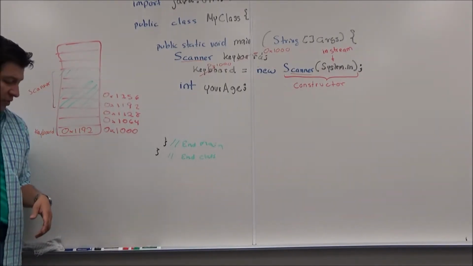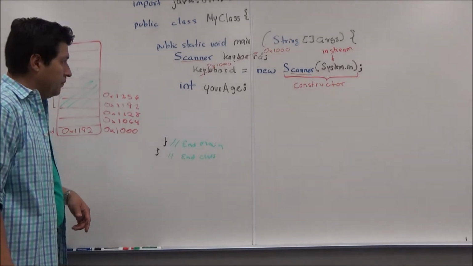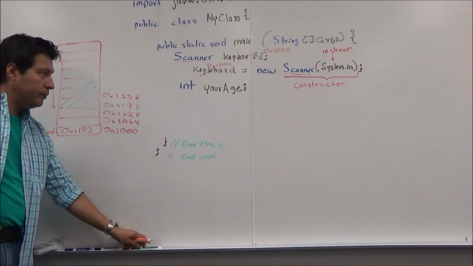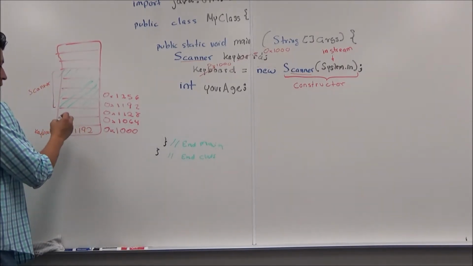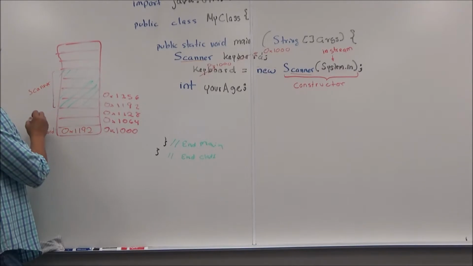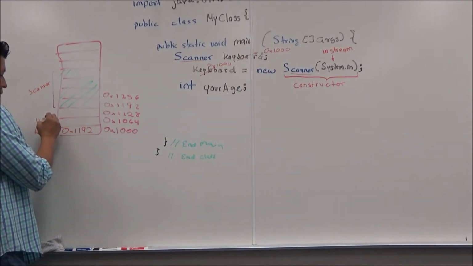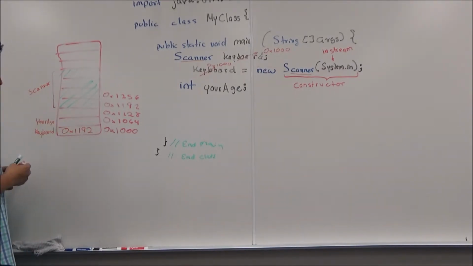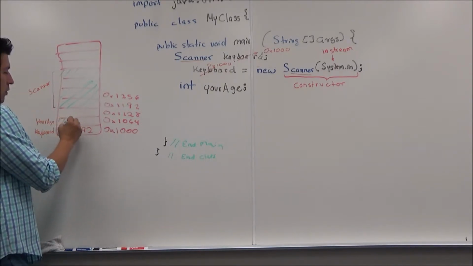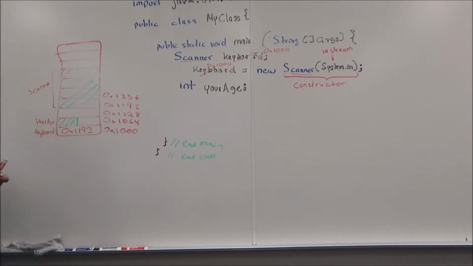But I have a 64-bit operating system. So it's going to allocate memory for an int, let's call it your age here. But it's just going to use half of it, because it's only using 32 bits.